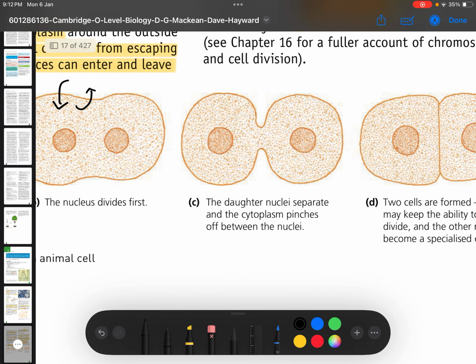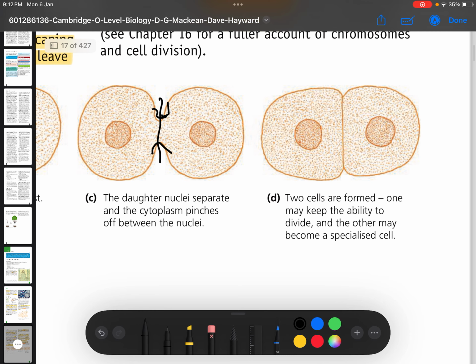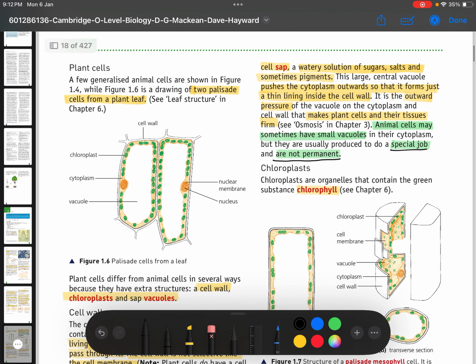As you can see, the two daughter cells separate from in between, and they pinch from the cytoplasm. It's a type of pinch. And lastly, you can see that two cells are formed from one. So this is basically a type of cell division in an animal cell.